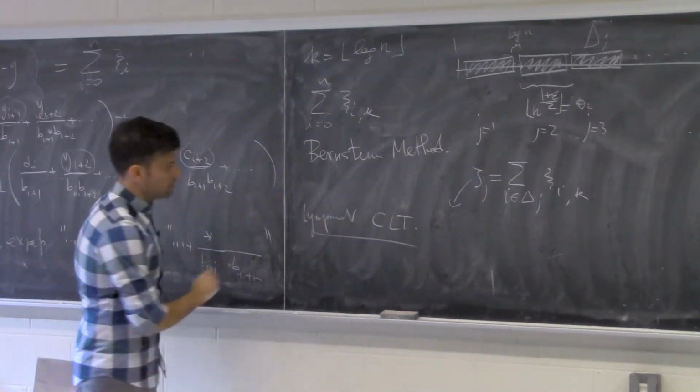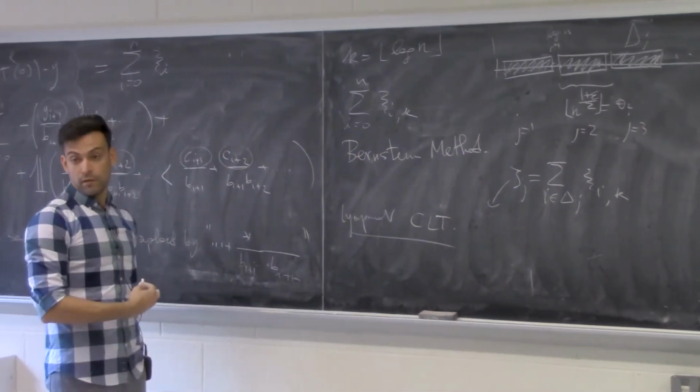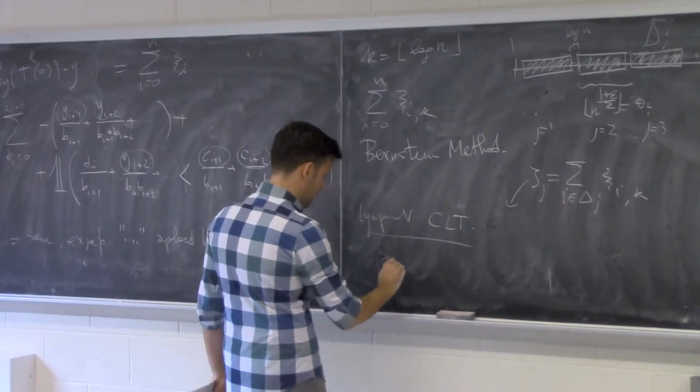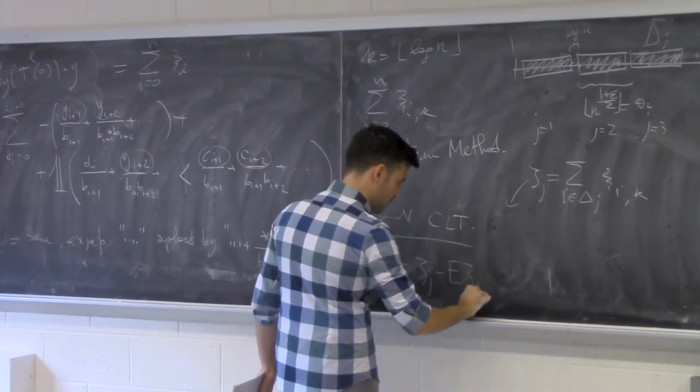So what you do is the following. You take these random variables and you center them. So you take zeta j hat, which is zeta j minus the expectation of zeta j.